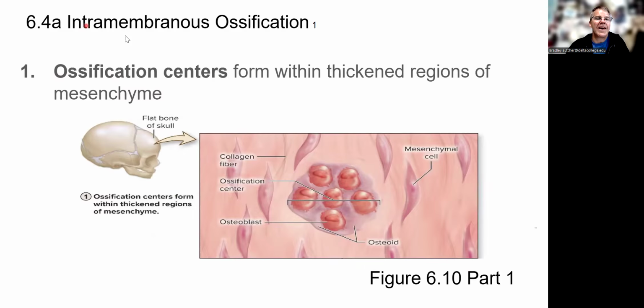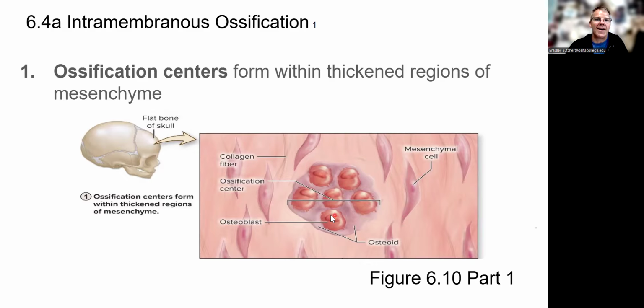So when we're talking about intramembranous ossification, the ossification centers form within thickened region of the mesenchyme. So again, we're making flat bone here. We've got those osteoids. That's that substance that is being released, which is going to strengthen. And you've got collagen fibers, these mesenchymal cells, and your osteoblasts.